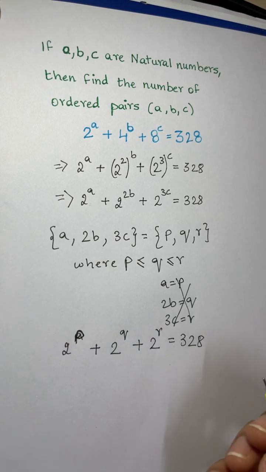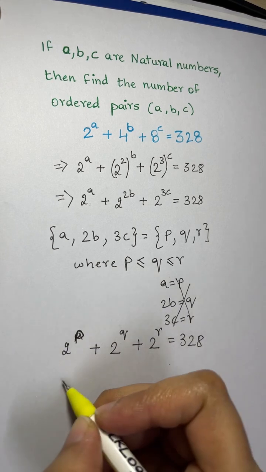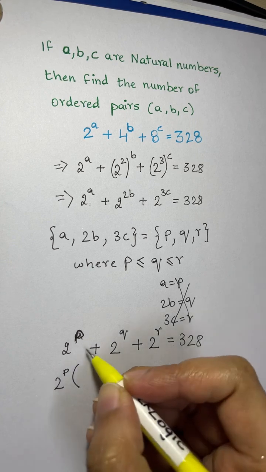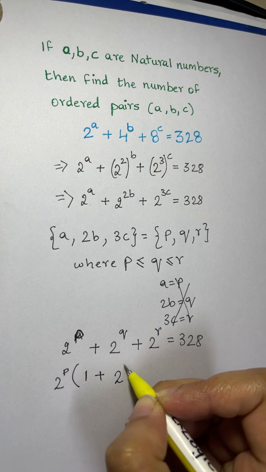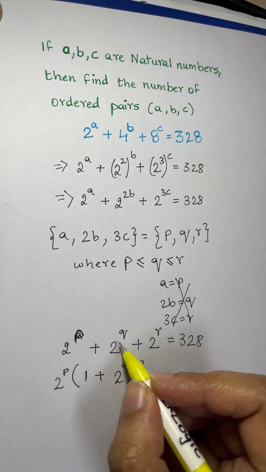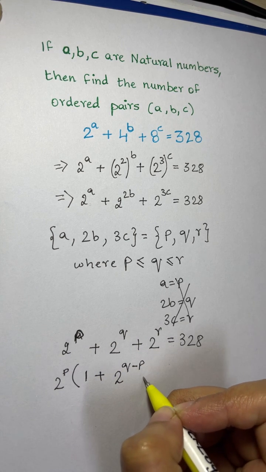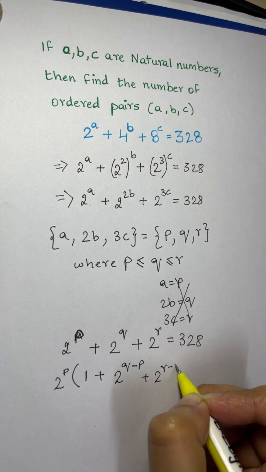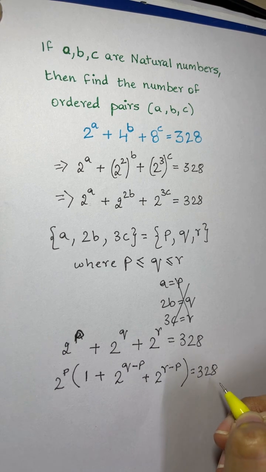Now what can we do? What do you think we can do? Let's take out 2 to the power of p outside the brackets. Here we will be left with 1 plus 2 to the power of q minus p, because we have just factored out 2 to the power of p, so we subtract it. Here also the same thing, 2 to the power of r minus p, which is equal to 328.